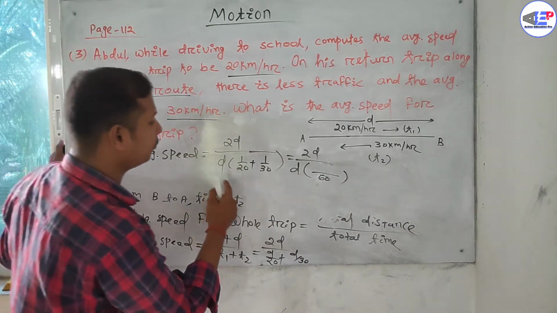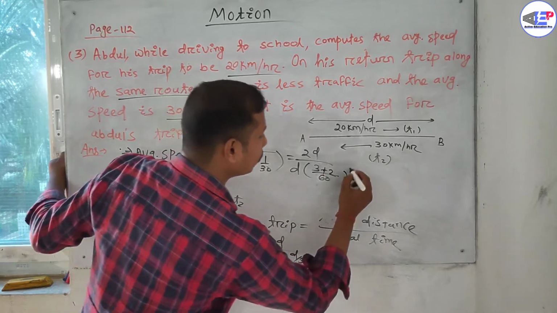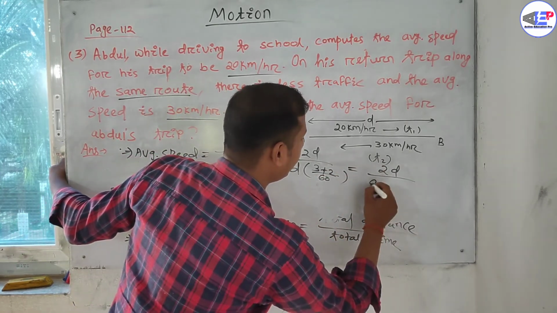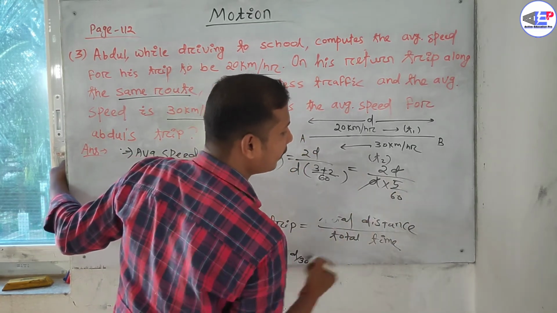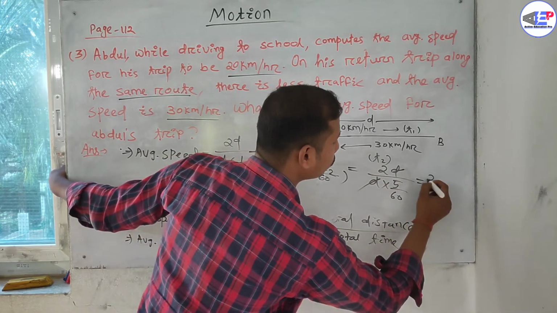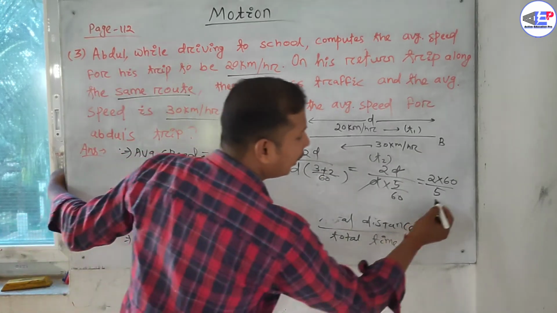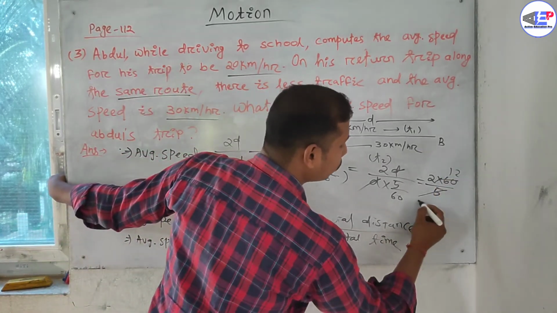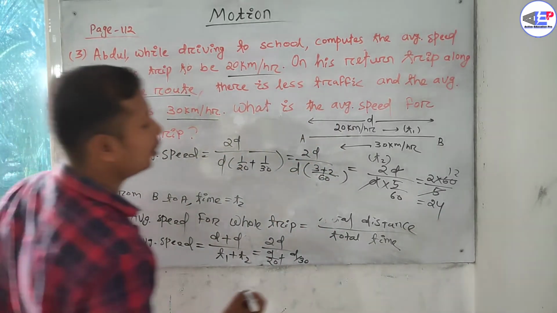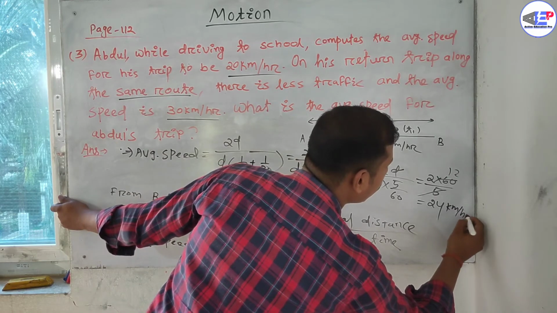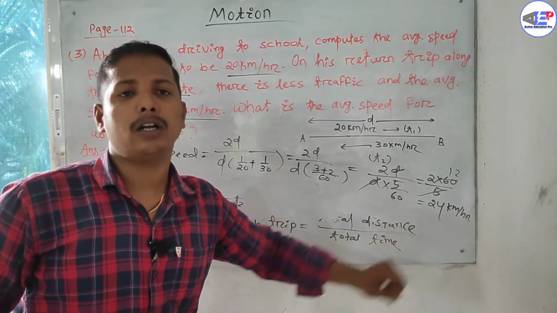So it will give 3 plus 2, so it will be equal to 2d by d into 5 by 60. Here d will be cancelled, this 60 will come to the top, so it becomes 2 into 60 by 5. By dividing by 5, it gives 12, and 12 times 2 is 24. So for the whole journey, the average speed becomes 24 kilometer per hour.